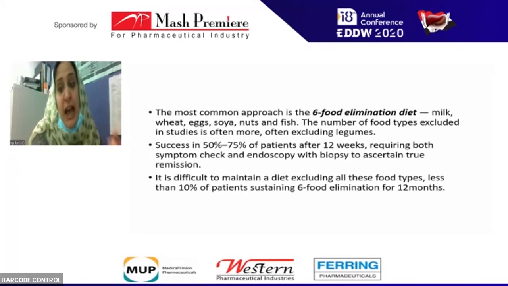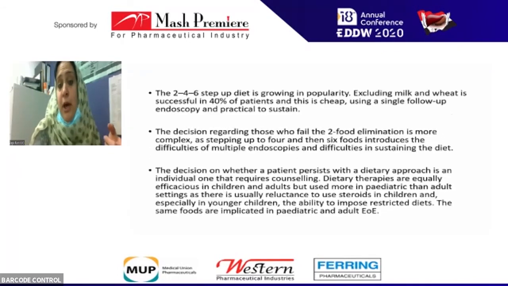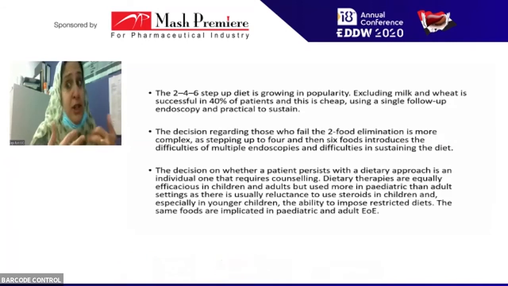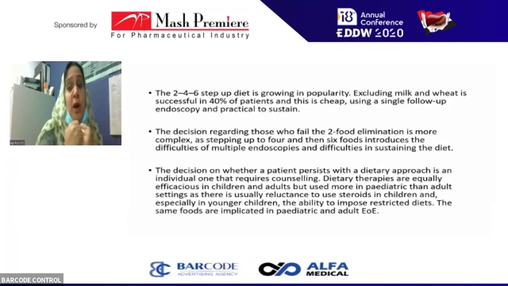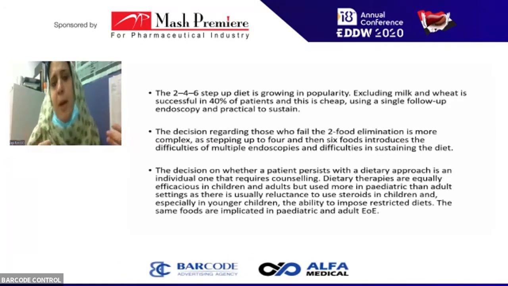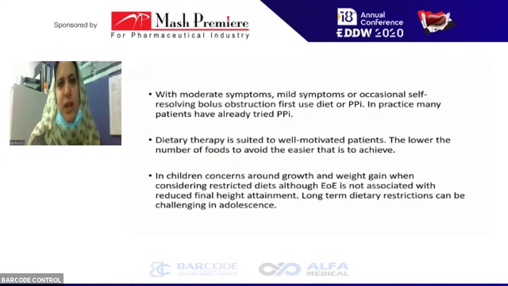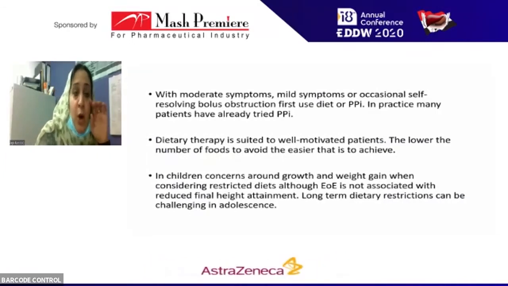Okay, in children, it's more effective because you're more timid to give the steroids in children, but you're going to try it. It can be a bit challenging with the adolescents as well. And you always start with restricting the cow milk. It's for well-motivated patients.